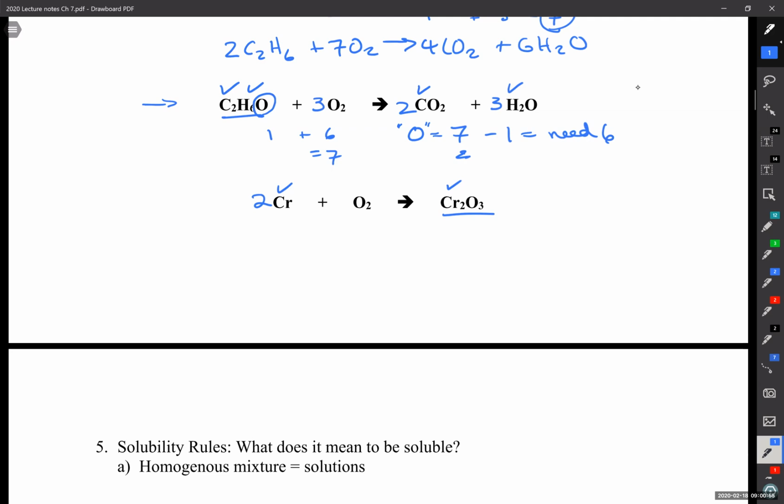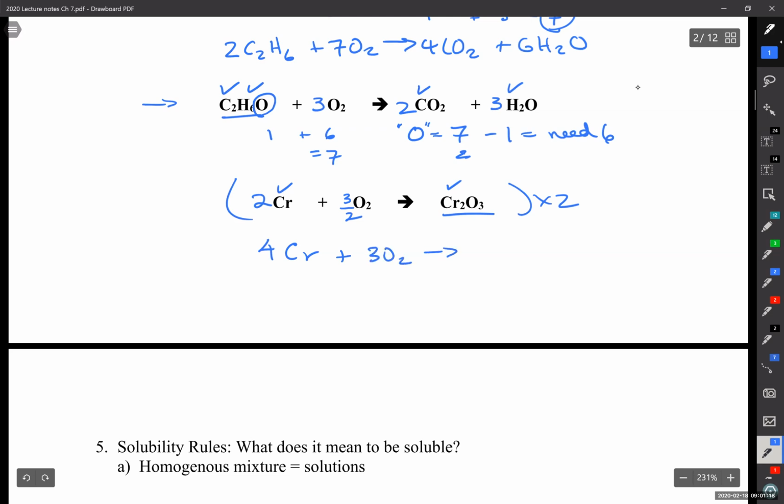So how do you make 2 equal to 3? Like that, and then double everything, right? So that'll give me 4 Cr, so I'm going to multiply that by 2, plus 3 O2s make 2 Cr2O3, like that.